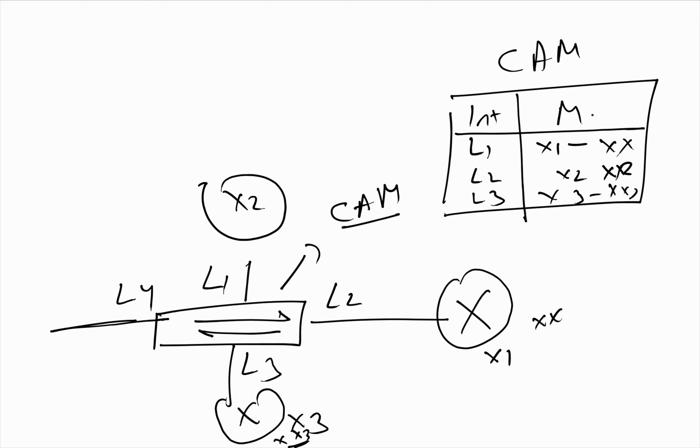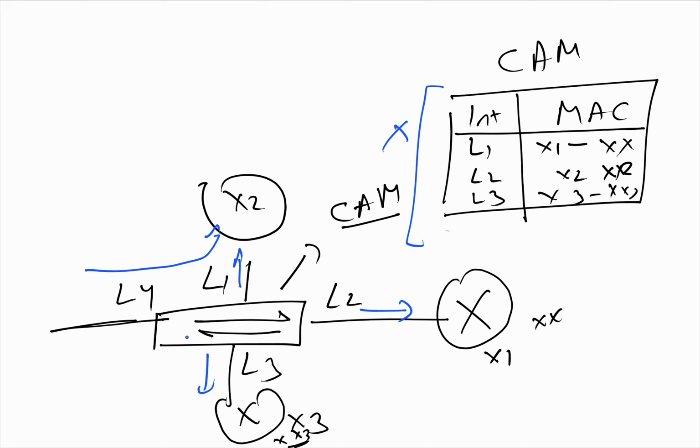So now it just learns MAC addresses using whatever traffic propagates. For example, if somebody tries to send packets across L4 for X1, and the CAM table is blank and we don't have any entry, since it came in through L4, it will send it through all its other interfaces, because we don't have an entry and it's broadcasting.